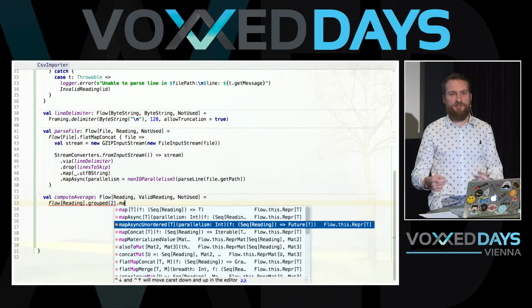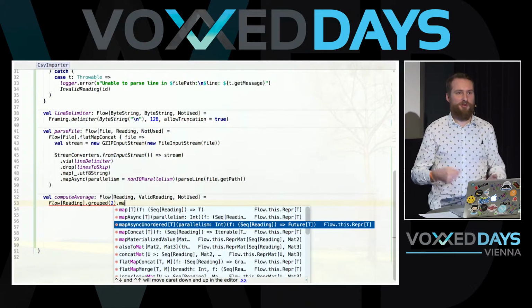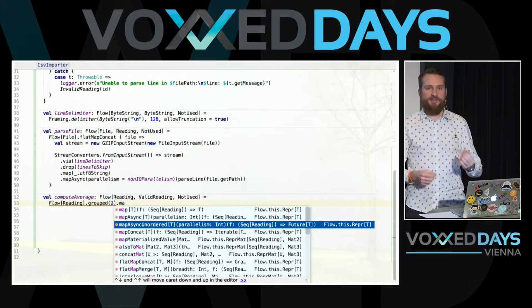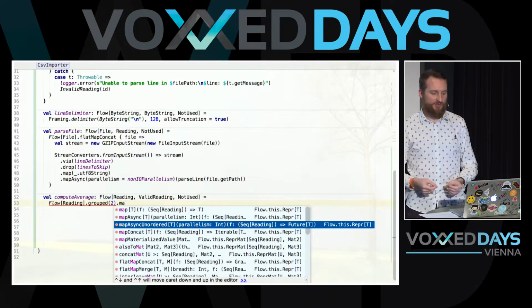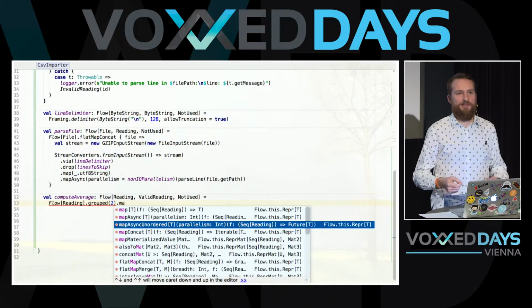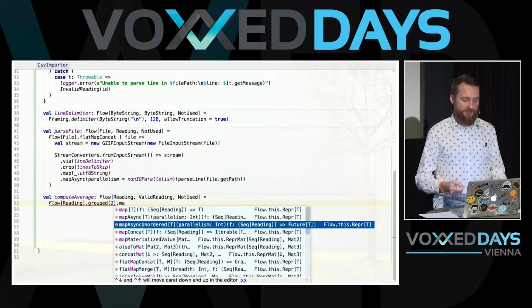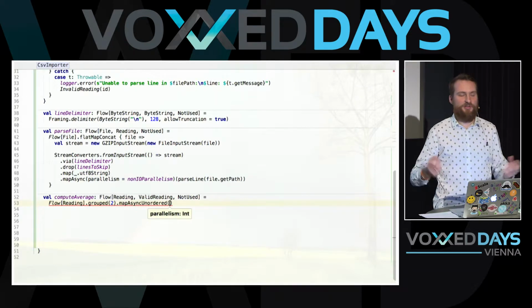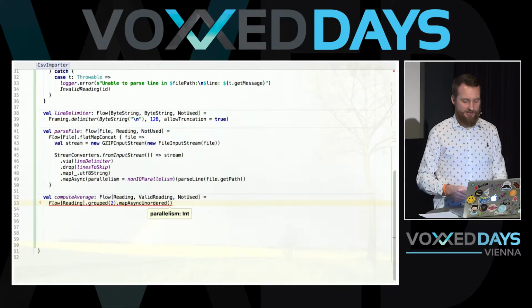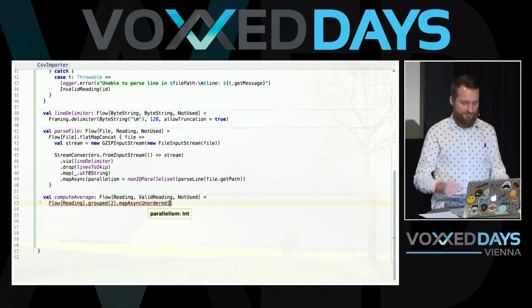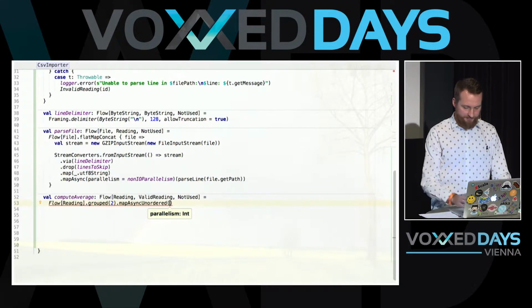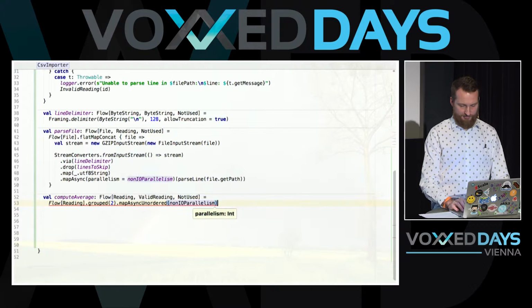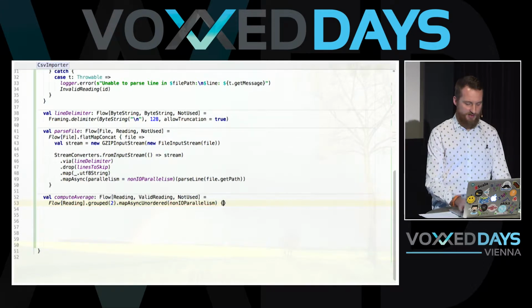But map async unordered doesn't care about the order of completion. It emits the value downstream as soon as it's computed. So of course it's faster, but sometimes you need to preserve the order, as we did in the previous stage. Here we don't care about the order because we're just computing the average values. So the parallelism once again would be this non-IO one.